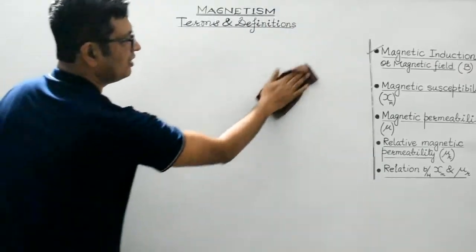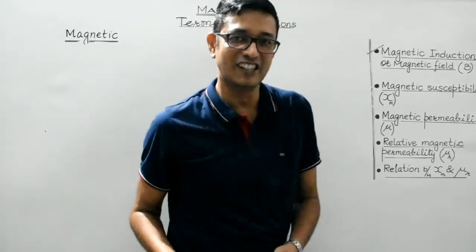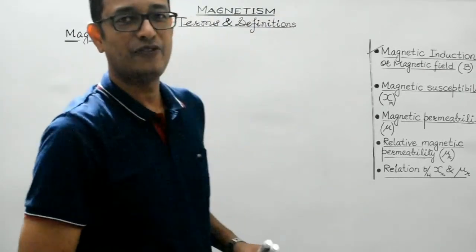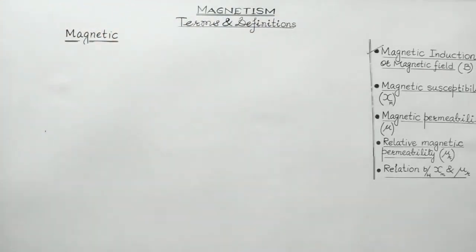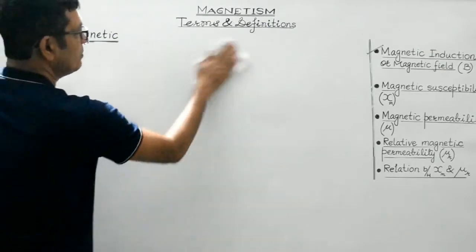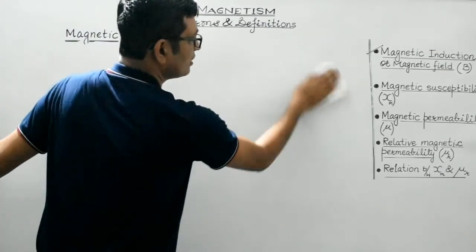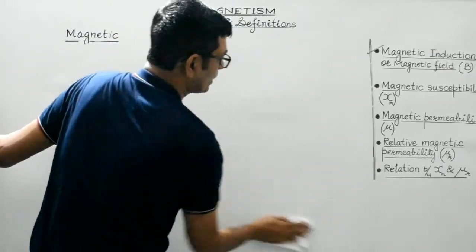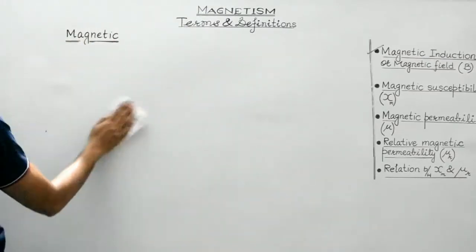So how readily a specimen gets magnetized under the influence of external field? That is susceptibility. So basically, susceptibility gives the measure of the aptness or the readiness of a specimen to get magnetized.